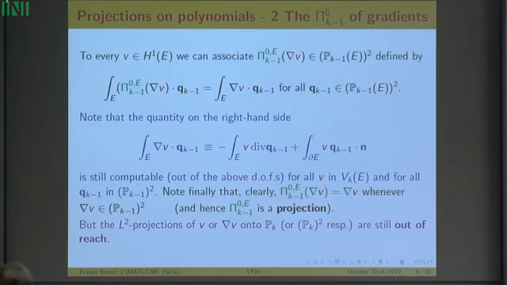You know the moments of V up to the order k minus 2. And this is on the boundary, so you can compute it. Perfect. So this is okay. You have at least 2 projections that you can use. Should be happy with that.